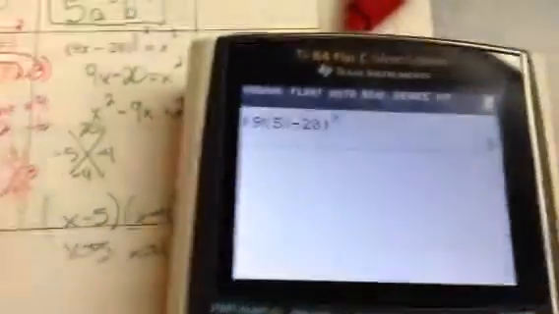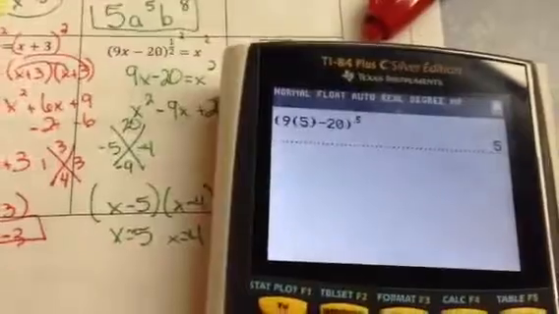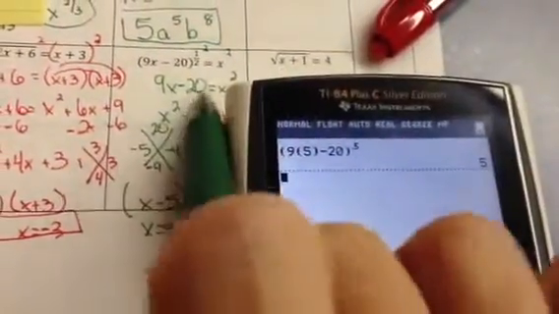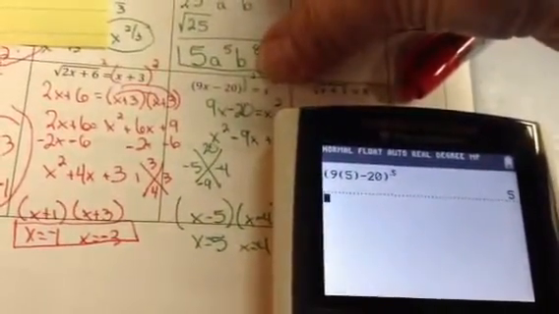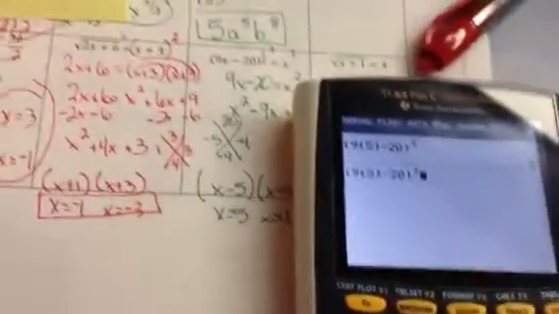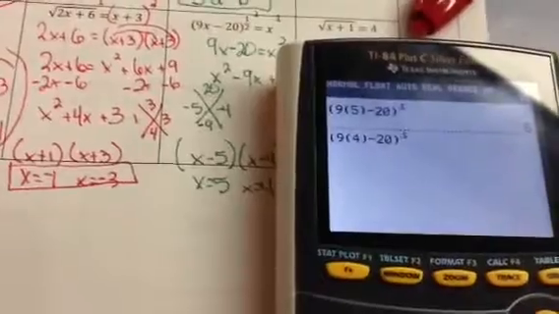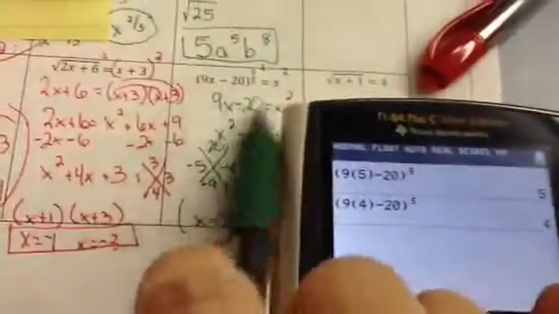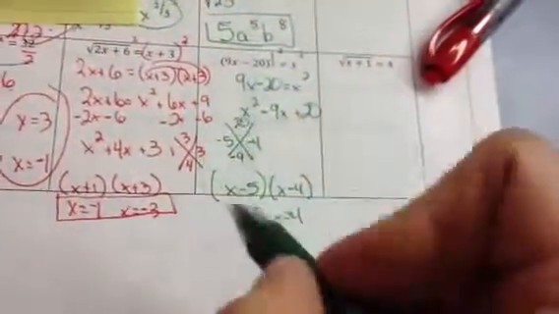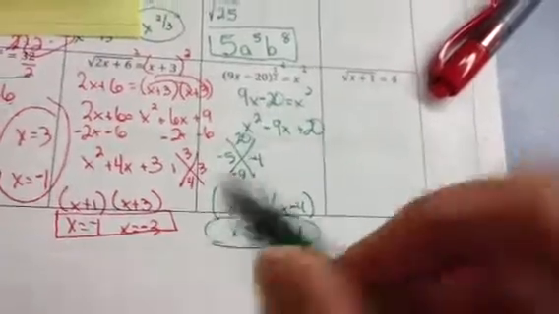And I get 5. And if I just put 5 in here, ignore the squared, I get 5. So 5 works. Now I want to see if 4 works. So again, I'm just going to hit second enter. I'm going to go back to that 5, change it into 4. And I get 4, and that's what I should get on the right side. So these both work. No extraneous solutions.